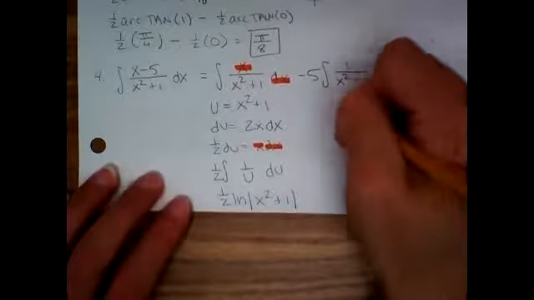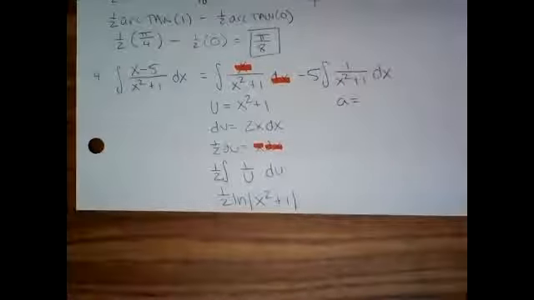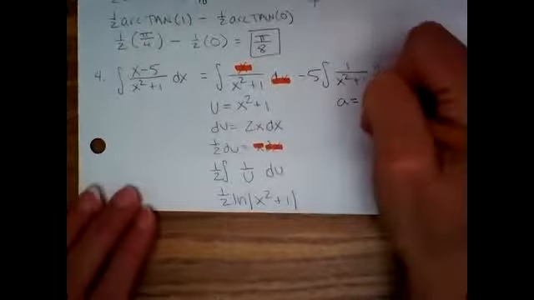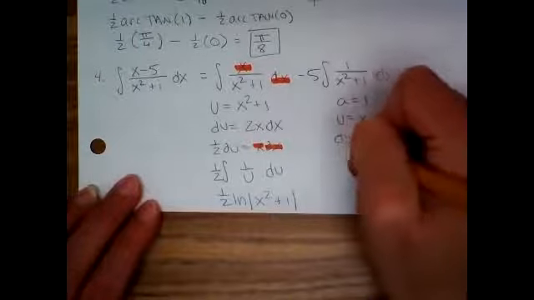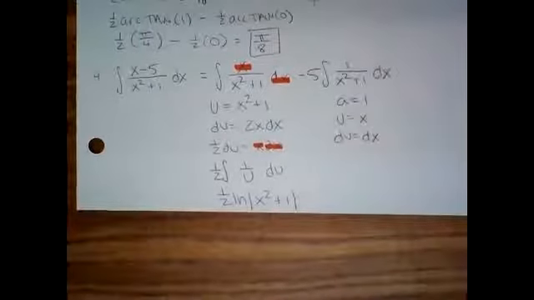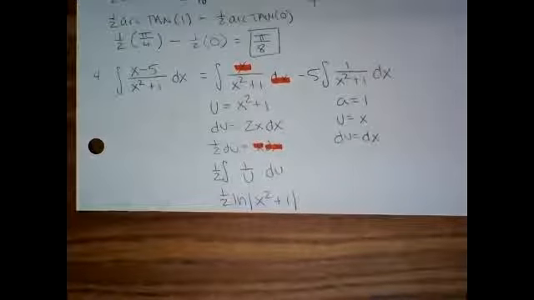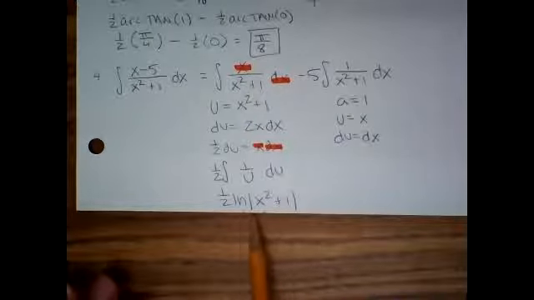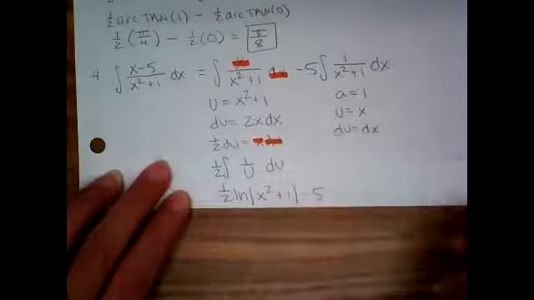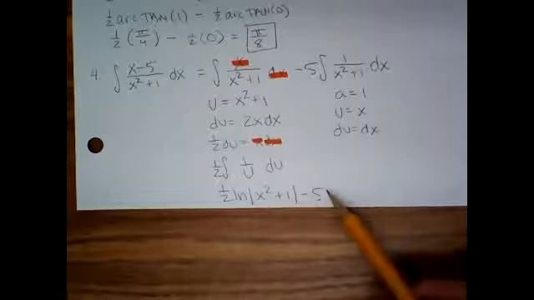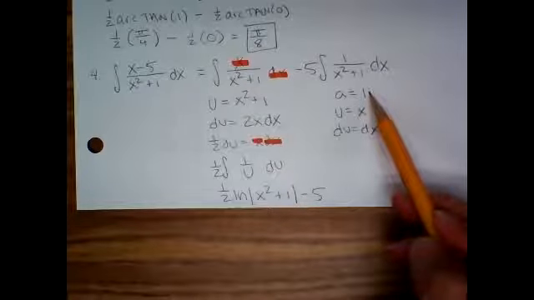So for this one, a would be what? 1. Good, which is nice. This is 1. U would just be x, which again is great because derivative of x is just 1. Du would just be dx. So I'm going to write down here so I can string my whole answer together. It's going to be -5. And then arctangent has that 1 over a out front, but we get to kind of skip that.